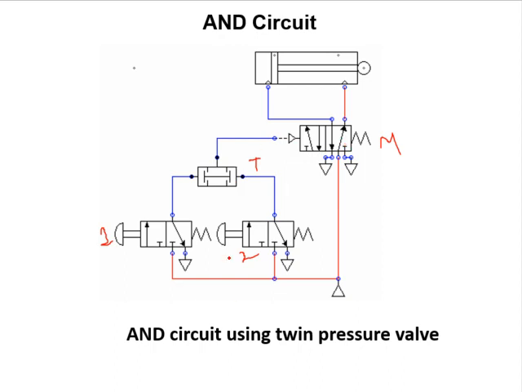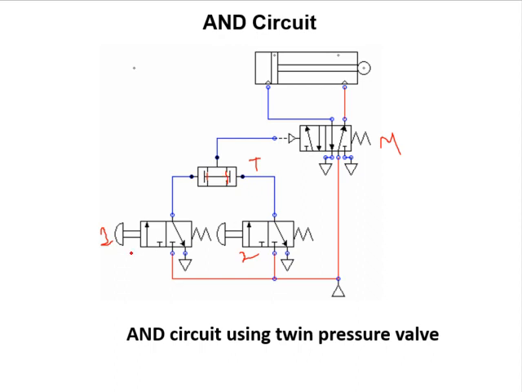As we discussed, if we press the push button of the first DC valve, it will act with force here and close this opening of the twin pressure valve. Similarly, if we press only the second DC valve, it will act with pressure here and close this wall area.